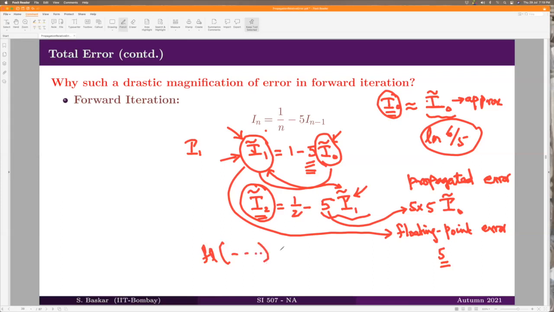So that I2 is going to be used in I3, 1 by 2 minus, again amplifying 5 times, I2 tilde you will be putting.